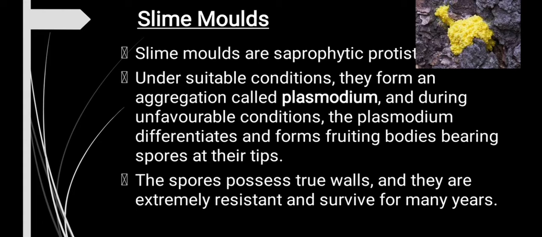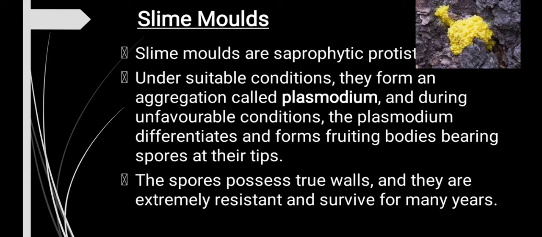These slime molds form aggregates called plasmodium, and these plasmodium form fruiting bodies, and these fruiting bodies have spores at their tips. We have learned that spores are a method of asexual reproduction, thick-walled, and they help the organism overcome unfavorable conditions.